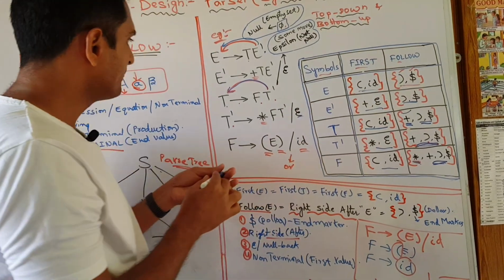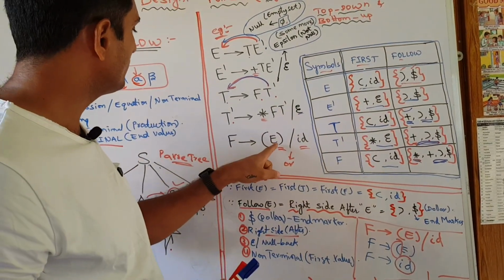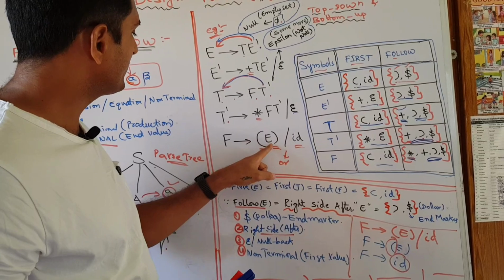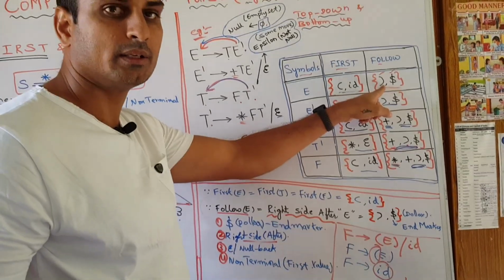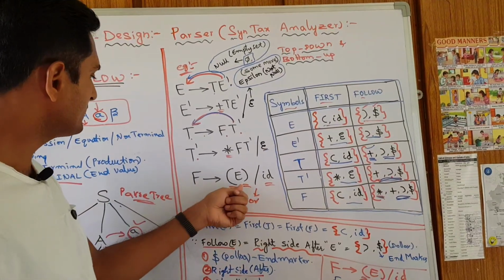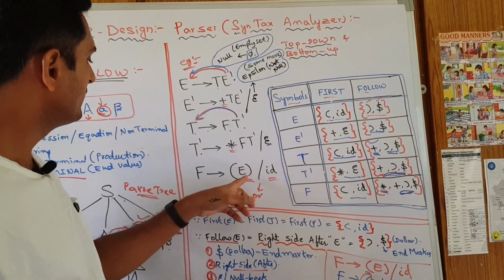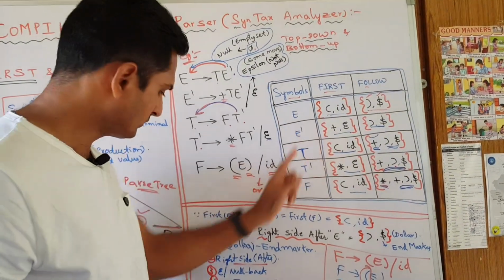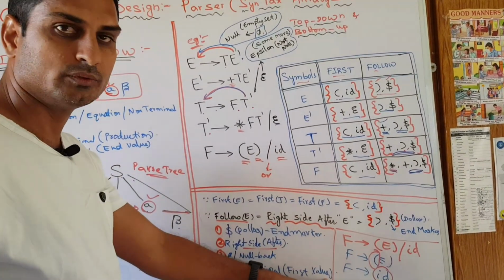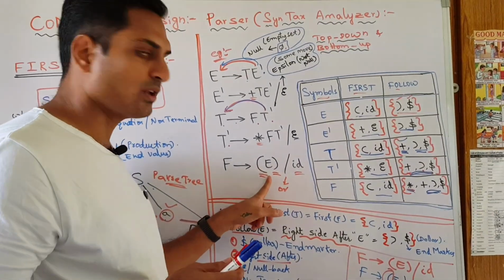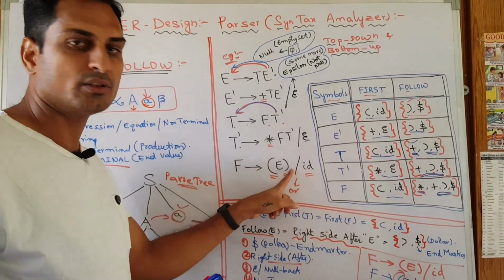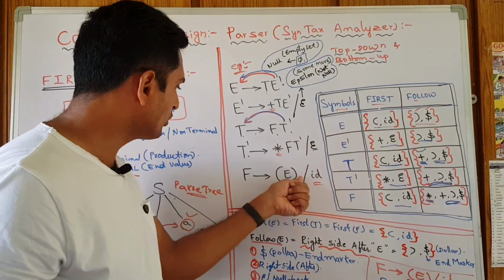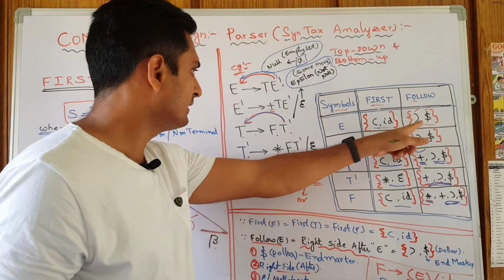For example, E's next value is closing bracket. We have taken that. But if it is a non-terminal, we need to find its first value. For example, E's follow: after E a terminal is there, so we have taken the terminal, that is the close bracket. Right? At the end, dollar.